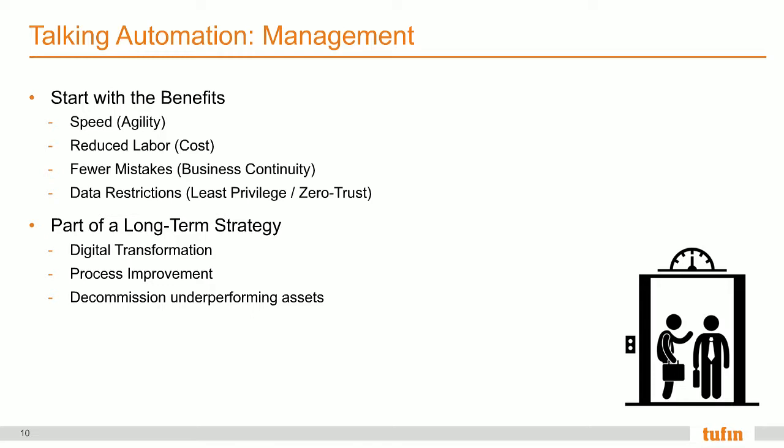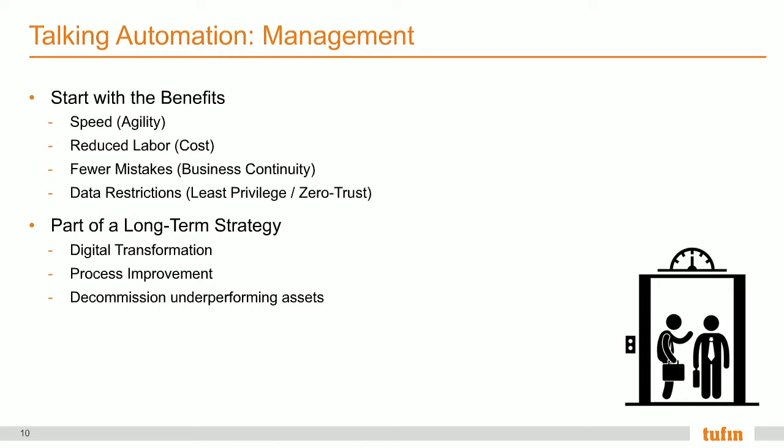If we are removing manual steps, we're also removing the labor and time associated with those steps, which is a cost reduction. Additionally, because less humans are involved in the automation and orchestration, we really mitigate the amount or potential for mistakes. And in the business world, we call that business continuity, right? We do not want to interrupt business, whether it be from an automation standpoint, an inadvertent mistake, right? We want to keep the business going.